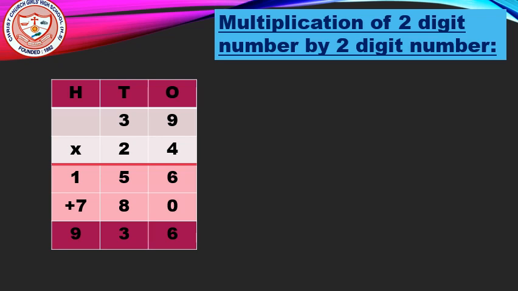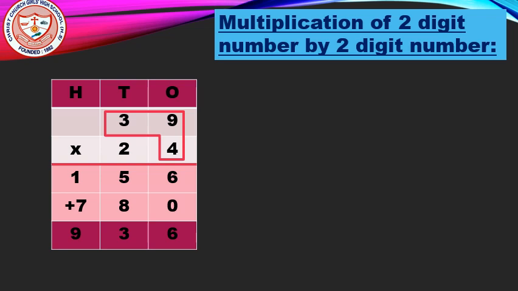After arranging the numbers in place value chart, we are going to start the calculation from right. Okay? And in the first step, we will calculate 39 by 4.